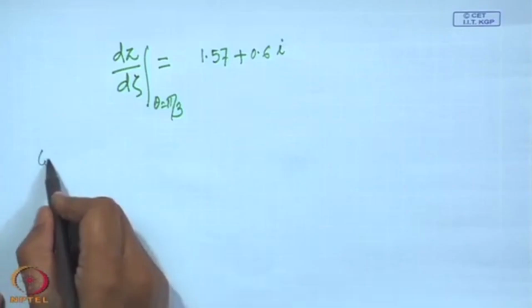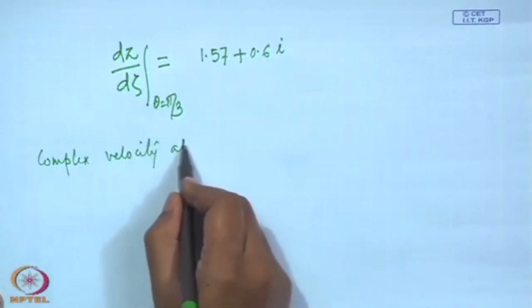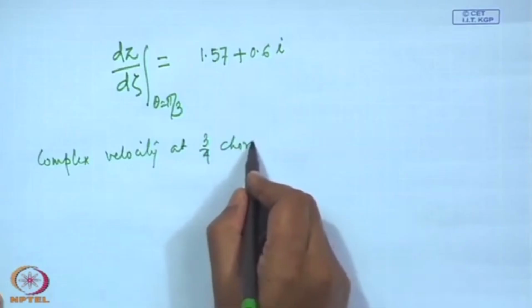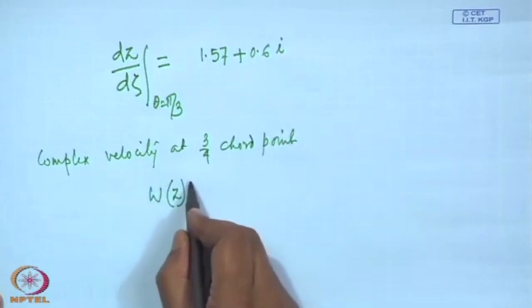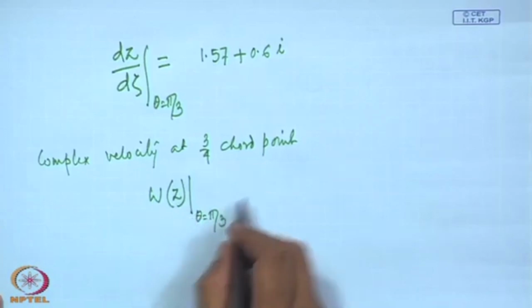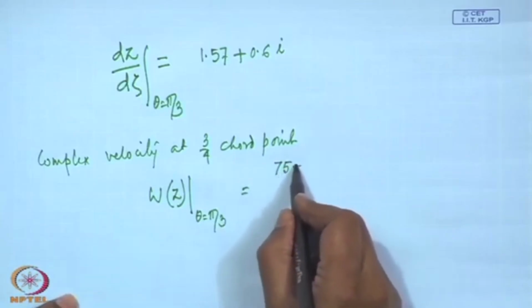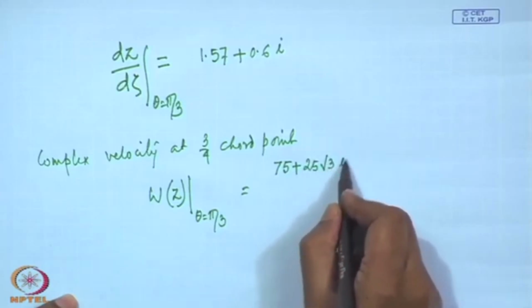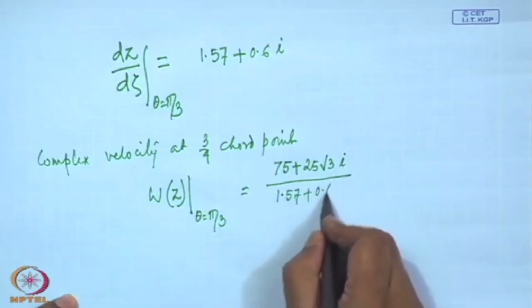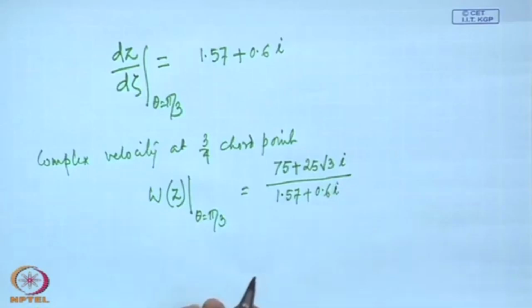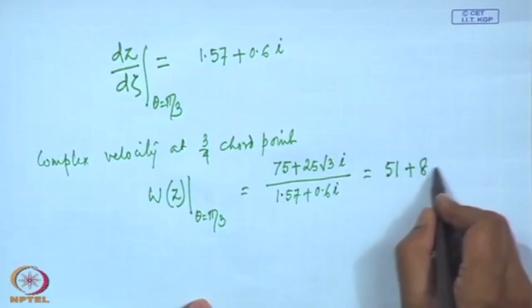So, finally, the complex velocity at the 3/4 chord point, what I obtained. Once again, please check these numerical calculations.